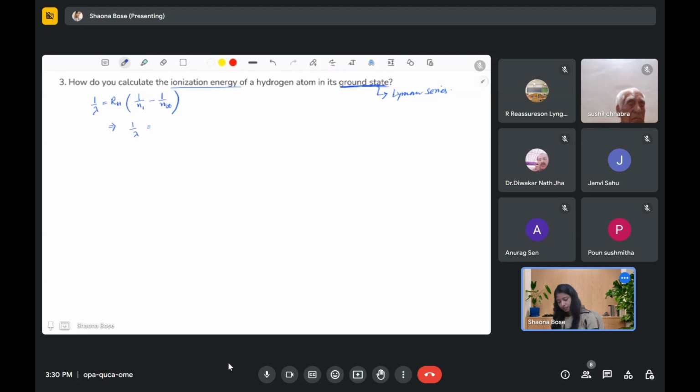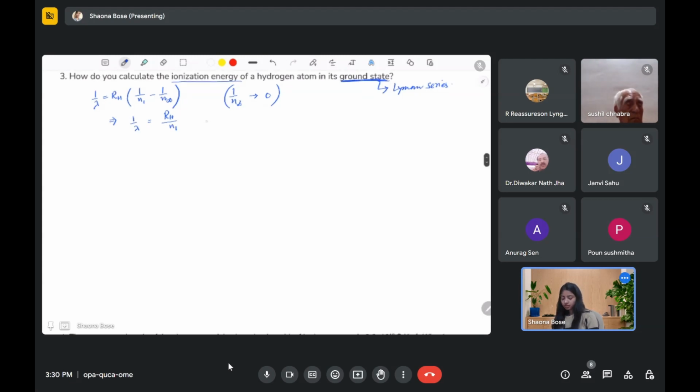Okay, 1 by n infinity, you can say that it'll go to 0. So our equation is reduced to just RH, basically just RH, the Rydberg constant. And what is that? 9.116.